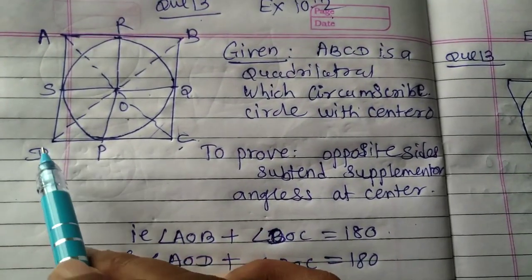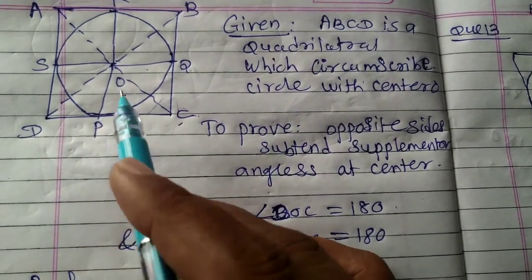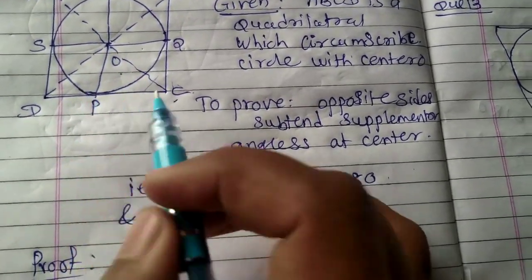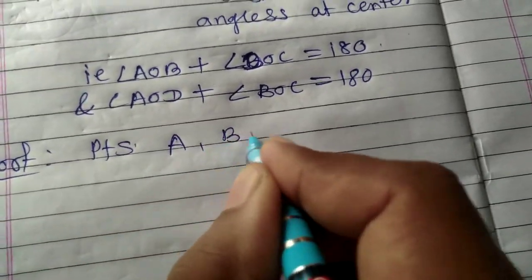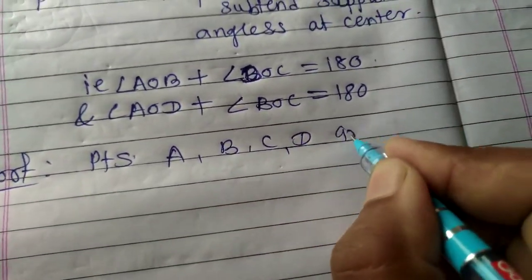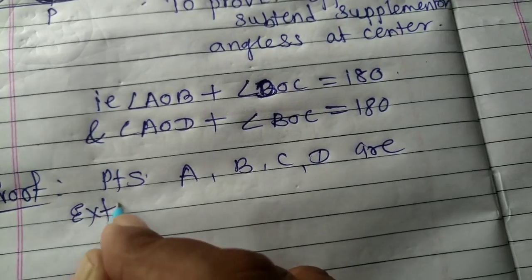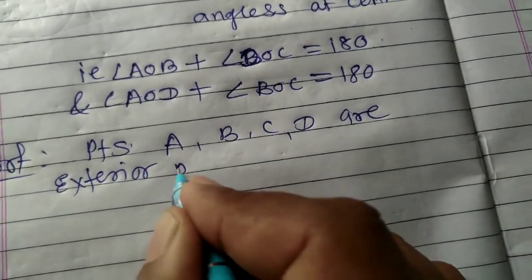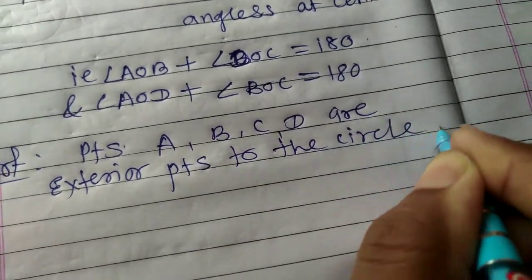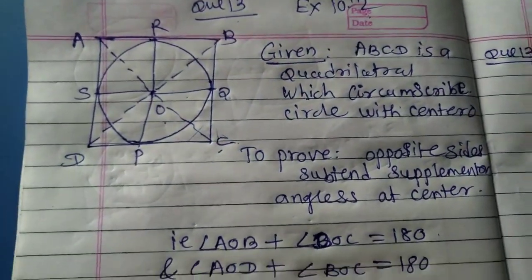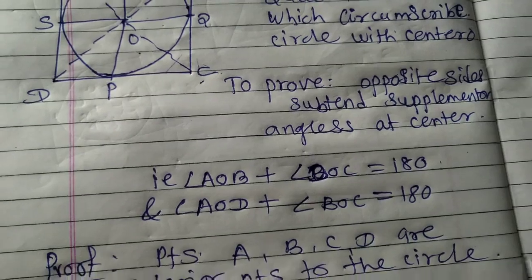Here points A, B, C, D are all exterior points to the circle, and we know that from exterior points the tangent segments drawn are equal.